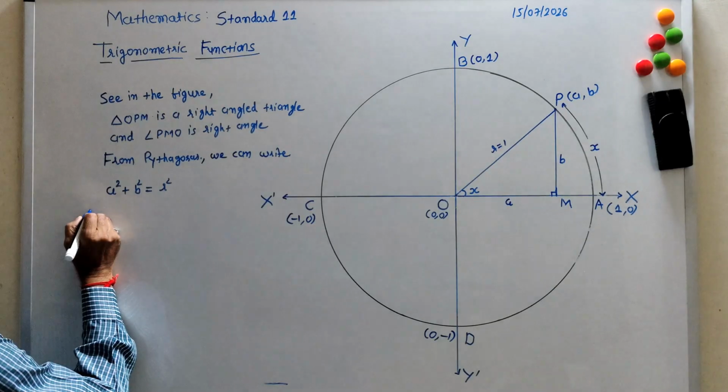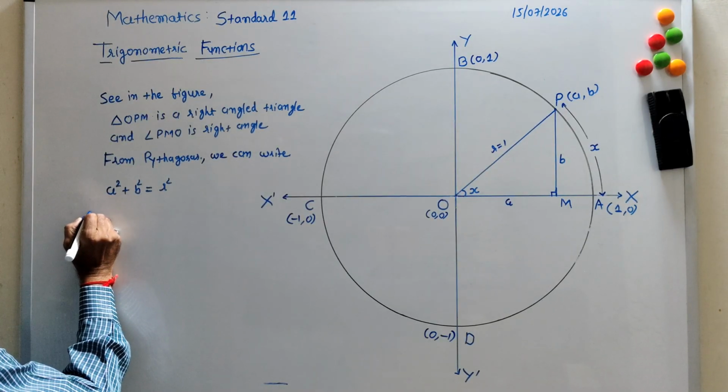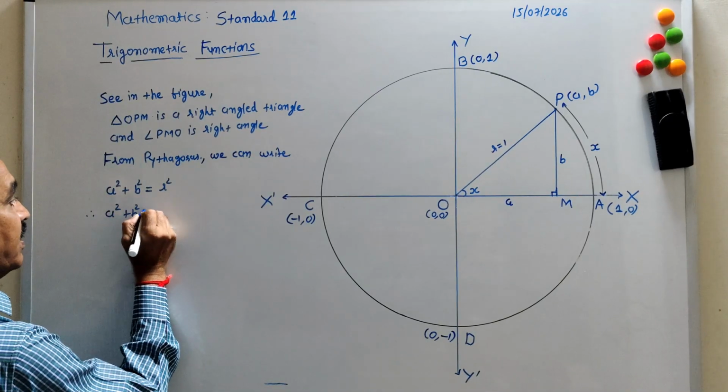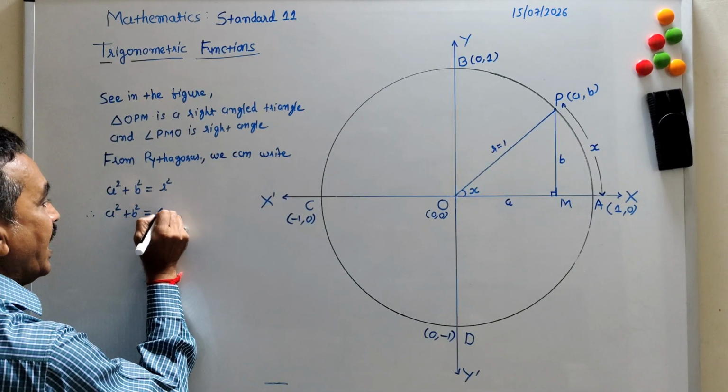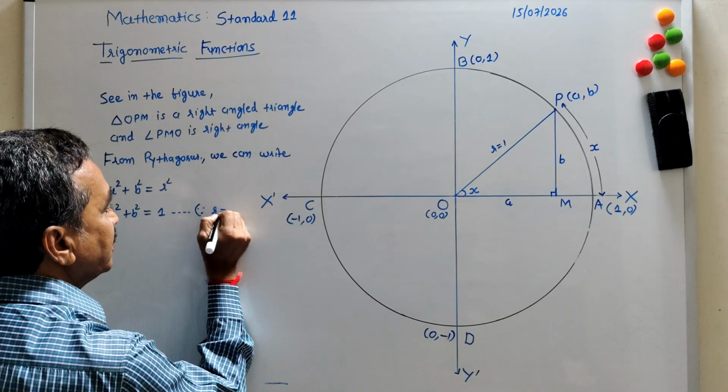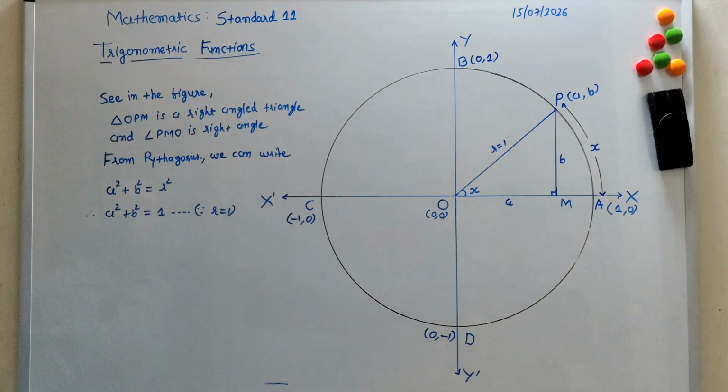But here R is 1 because of the unit circle.